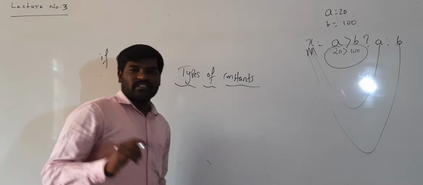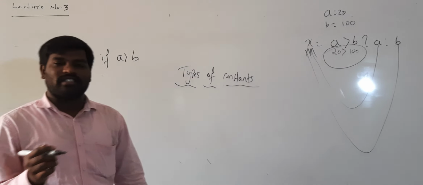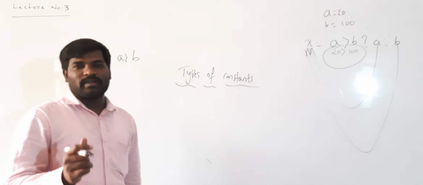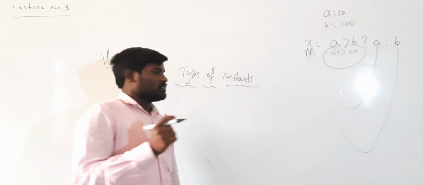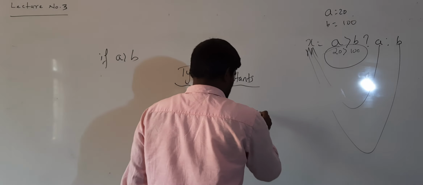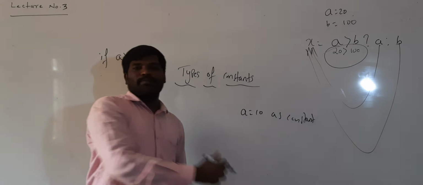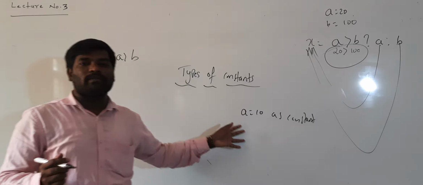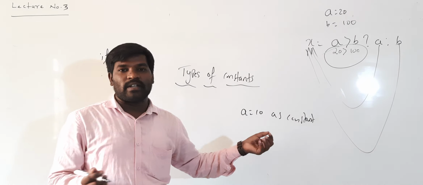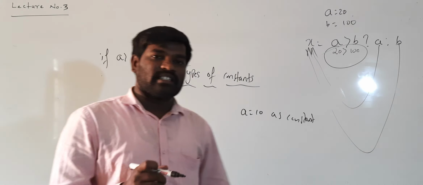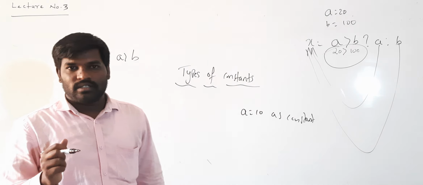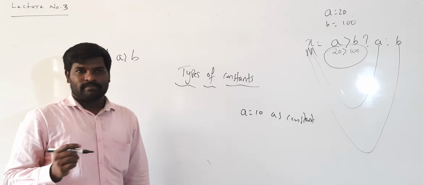A constant is a value which does not change during the execution of the program. For example, if I define a = 10 as a constant, throughout the program the a value remains the same. If you want to change the value of a, it will automatically generate an error message to the user. That is the constant.